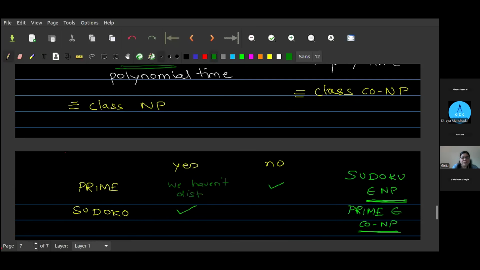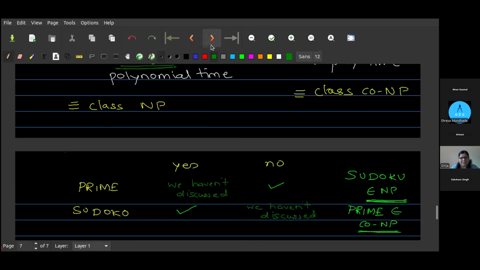Why? You mean for primes it is also in NP? Yes. Why? We can check all the numbers. Yeah, we can check all the numbers, but we said that it is not polynomial, it is pseudo-polynomial, because the size of the number is log n. So with that it is not. I mean that reasoning is not correct, but your answer is correct that prime is in NP.